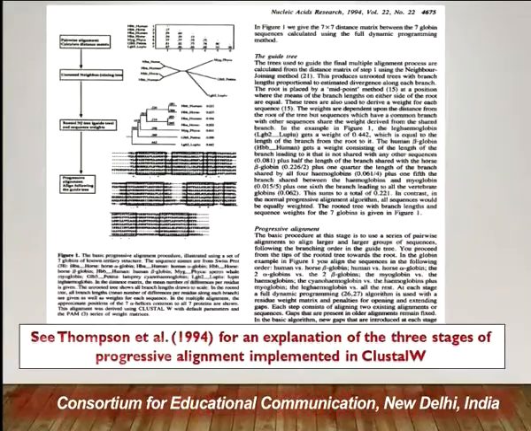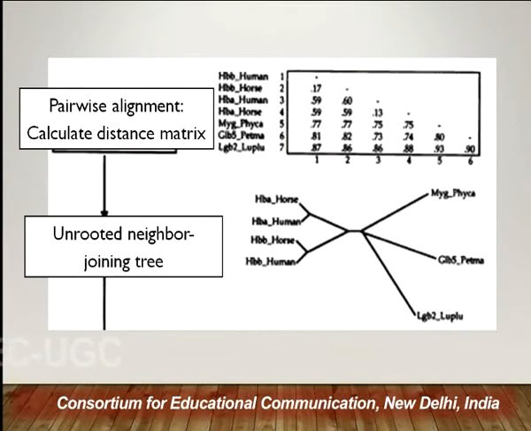So that is a paper by Thompson et al. It describes very nicely the progressive sequence alignment in Clustal W, and what the steps involved are. It first does the pairwise alignment and calculates the distance matrix.